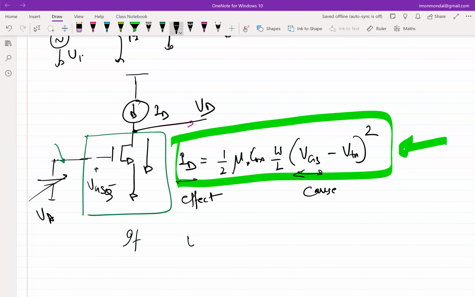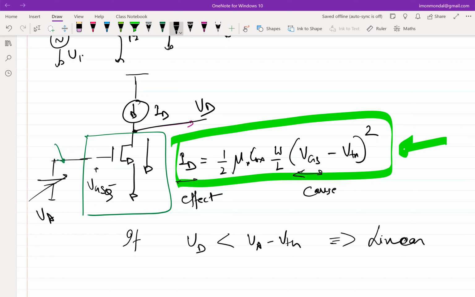So if you observe that VD is less than VA minus threshold voltage, what will you conclude? The transistor is in the linear region or triode region of operation, right? And both are the same.